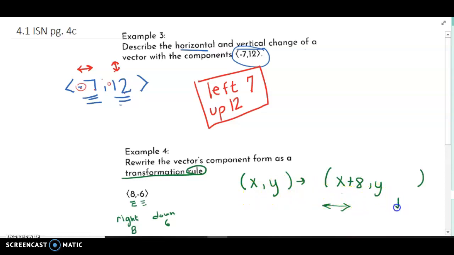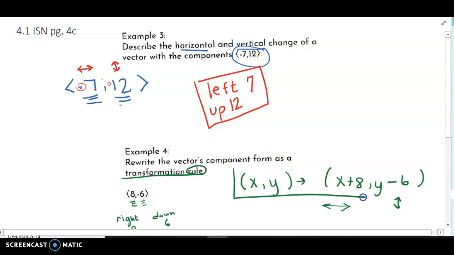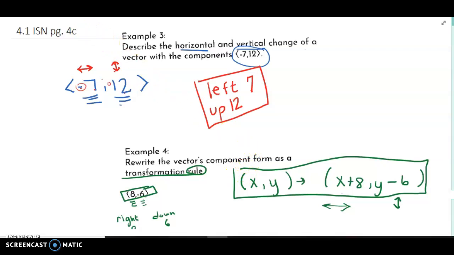And the y tells us, are we going up or down? Here it's -6, so we're going down 6, so this would just be -6. So basically this rule right here is the same translation as that vector. Same thing, just two different ways of writing it.